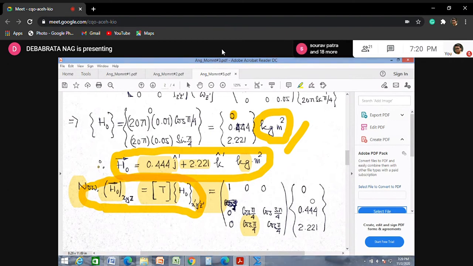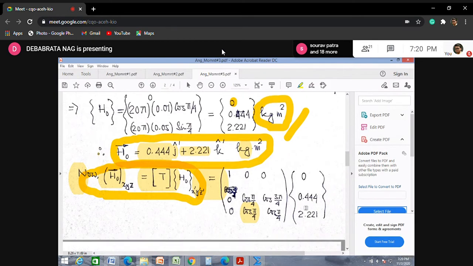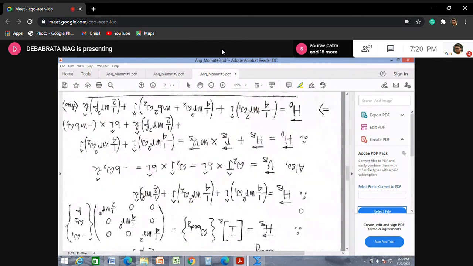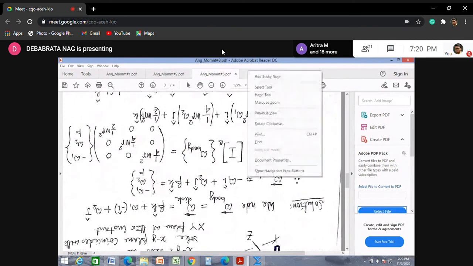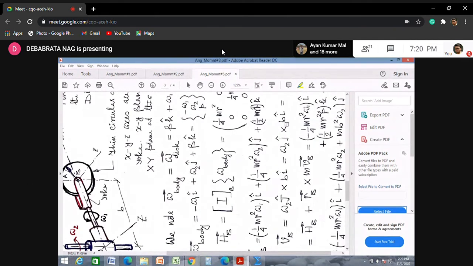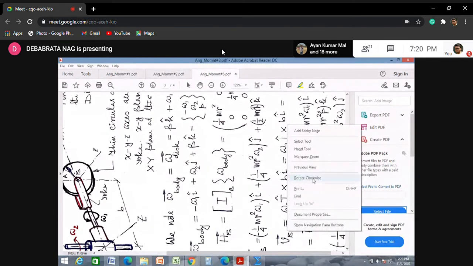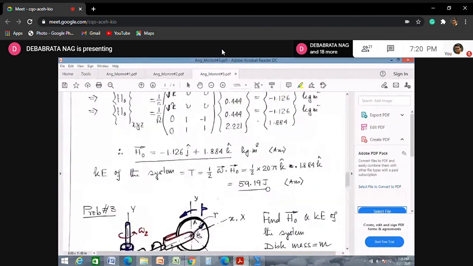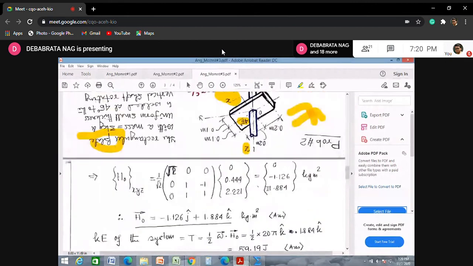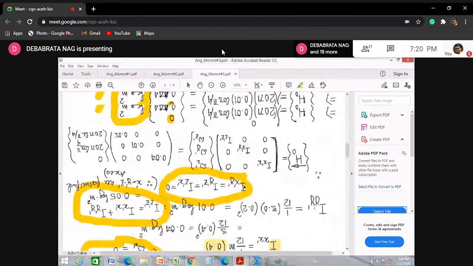And these are your angular velocity components. So if you do it, your angular momentum terms have been evaluated.